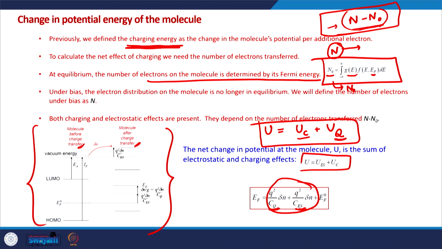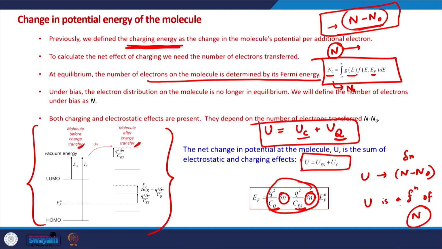And there is a key point here: this U, the change in the potential energy of the system, depends on the number of electrons transferred, because it depends on delta n, and delta n is n minus n naught. So U is a function of n here.